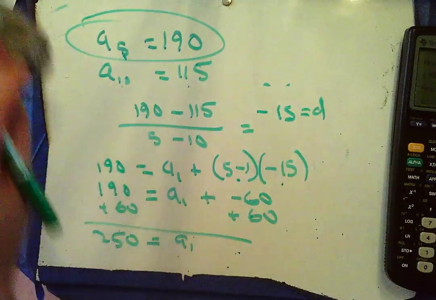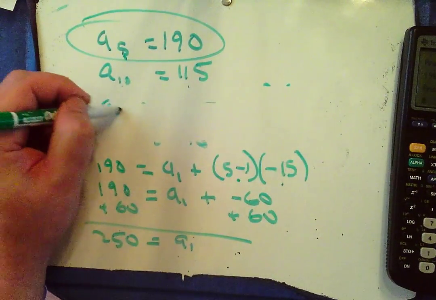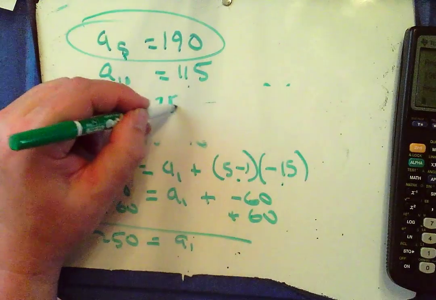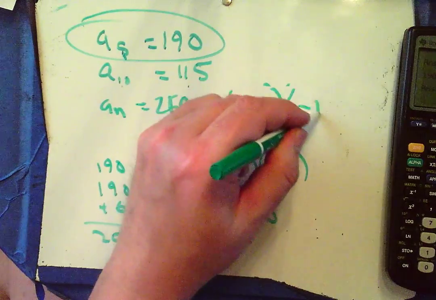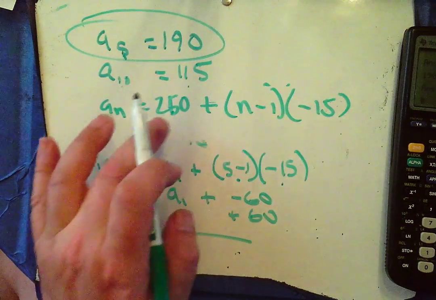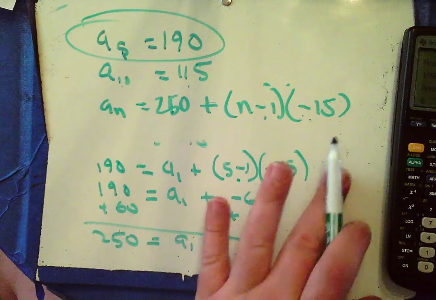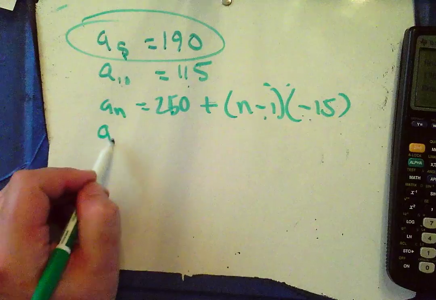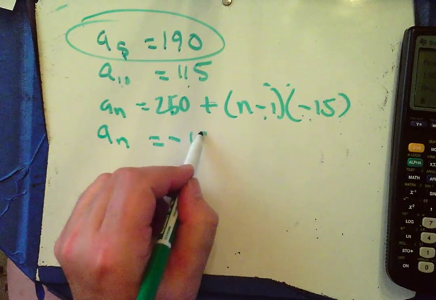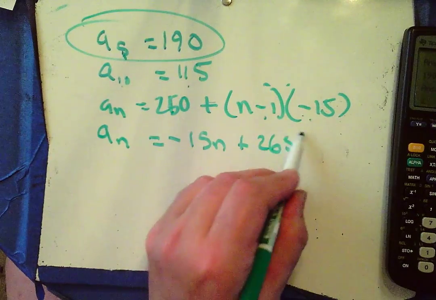Keep going then. So we know that a sub n should be a sub 1 plus n minus 1 times negative 15. And that's going to be plus 15, not plus 30. Okay, so a sub n is negative 15n plus not 280, but 265.